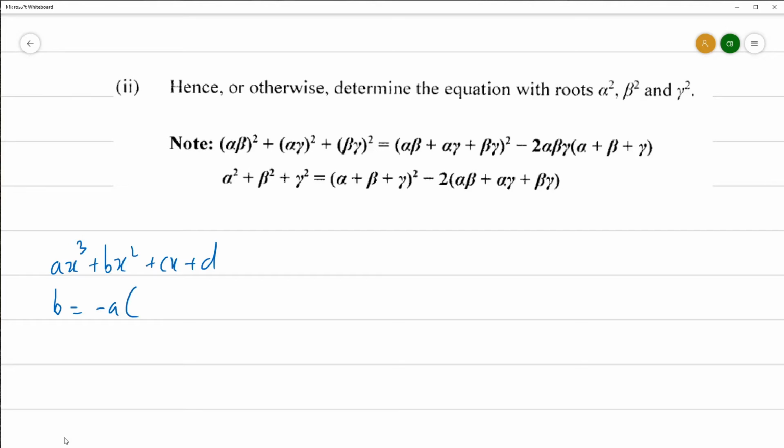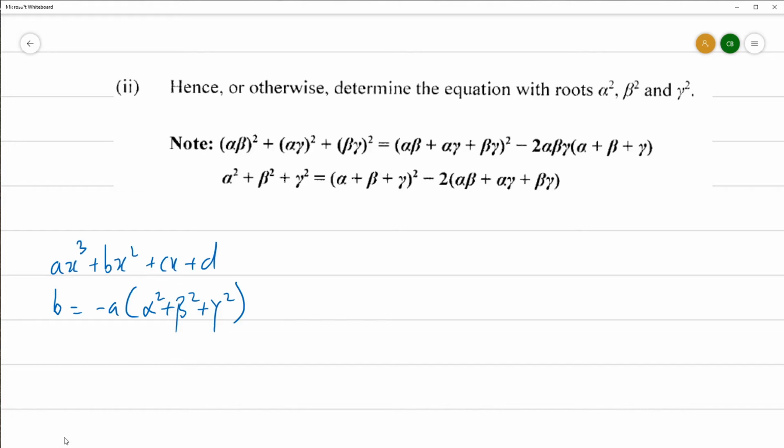And you sum all three of the roots. But if the three roots are given by alpha squared, beta squared, and gamma squared, then b is equal to minus a times alpha squared plus beta squared plus gamma squared. And they gave us the simplification of alpha squared plus beta squared plus gamma squared. It simplifies into this expression.